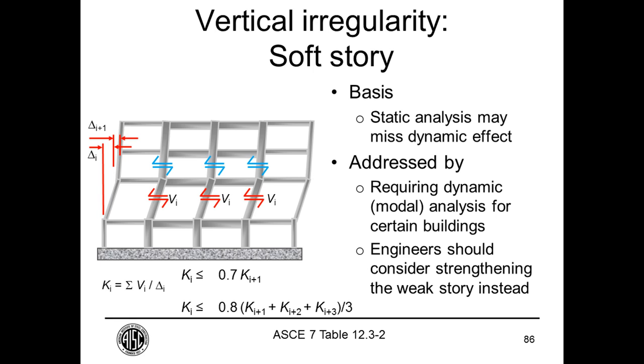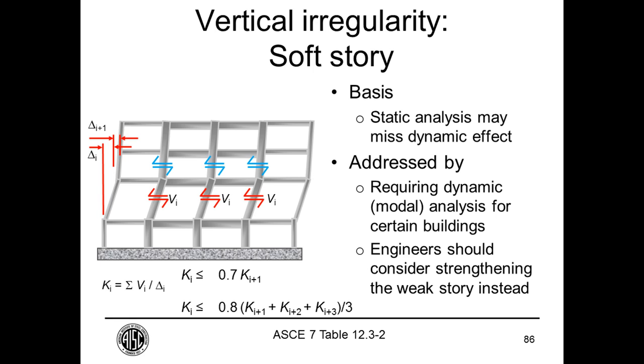Right. So if the story above, the blue arrows there, gives us a stiffness of effectively, say, 100 kips per inch, and we are at 70 kips per inch at the second floor, the red arrows, then we don't have the irregularity.